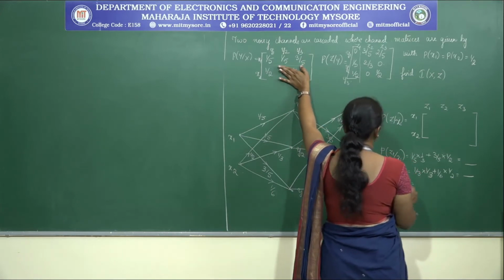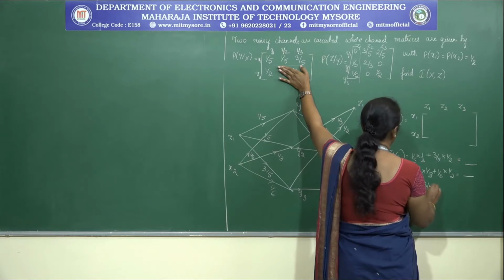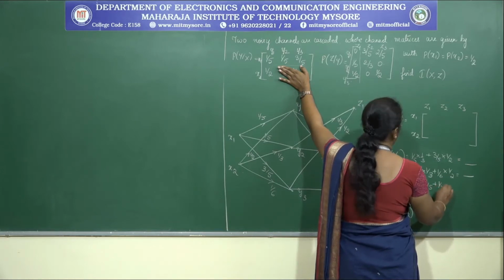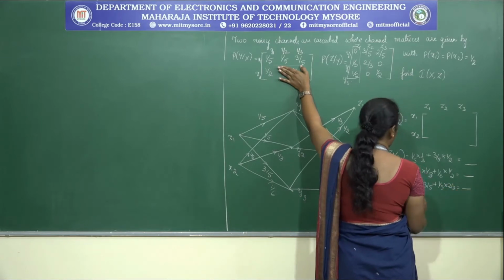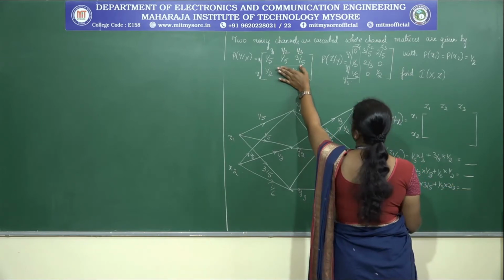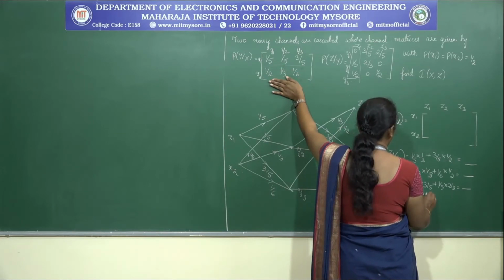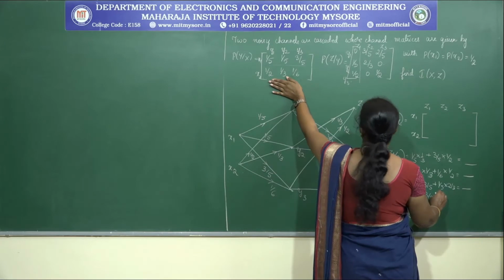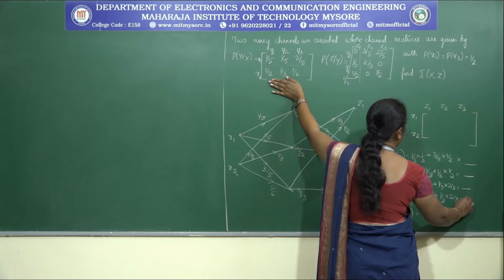So it is 1 by 5 into 3 by 5 plus 1 by 5 into 2 by 3. Then we have z2 by x2. So it is 1 by 2 into 3 by 5 plus 1 by 3 into 2 by 3.